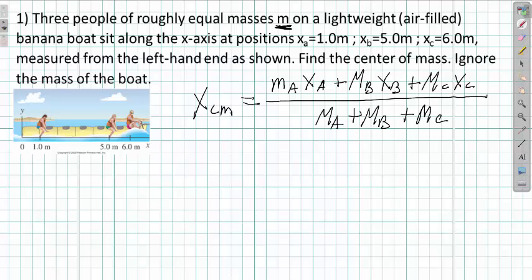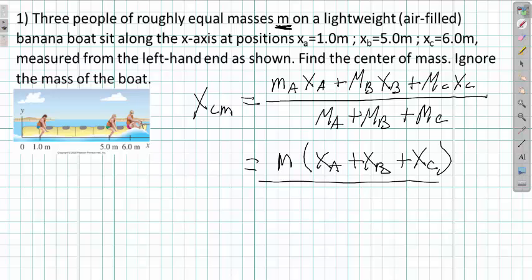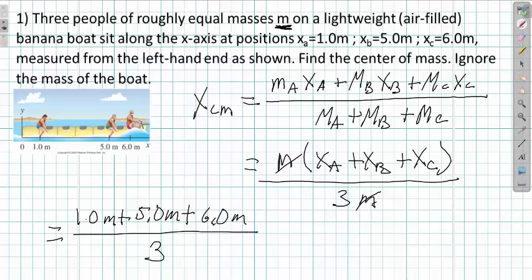They're all M. So then I'm going to end up with M times (x_A plus x_B plus x_C) divided by 3 times M. Well, the M's can go away. So I've got x_A 1.0 meters plus x_B 5.0 meters plus x_C 6.0 meters, all divided by 3. So I've got 12 divided by 3 would be 4.0 meters.